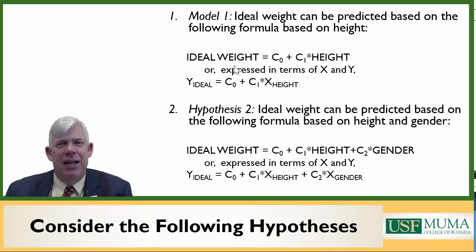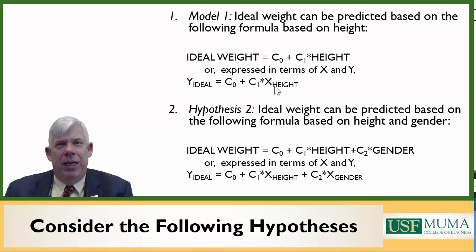To express this as an equation, ideal weight is equal to some constant plus some constant that we're going to determine from our data times the height of the individual in inches. So in equation form, y, the dependent variable, our ideal weight, is equal to a constant plus another constant times the height.